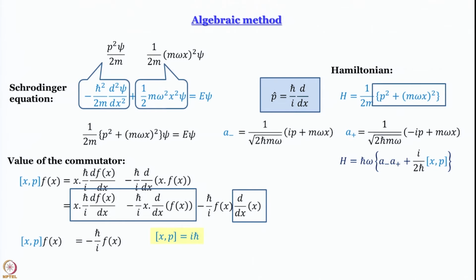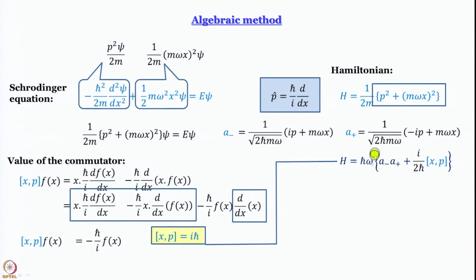This is a very fundamental relationship that comes in handy in many applications of quantum mechanics. Here we have just worked it out, and we will see how this makes the subsequent treatment extremely simple and useful. So, the commutator of x and p equals i h cross.